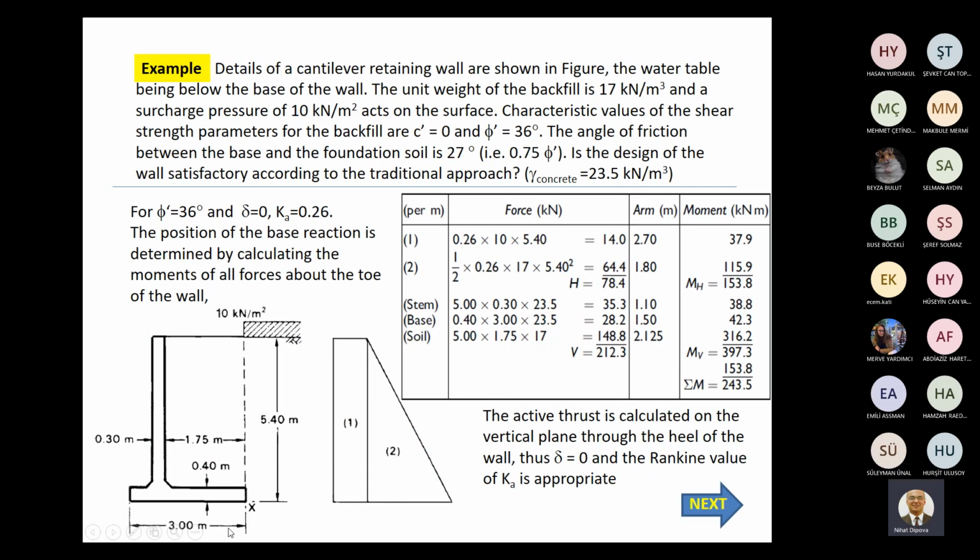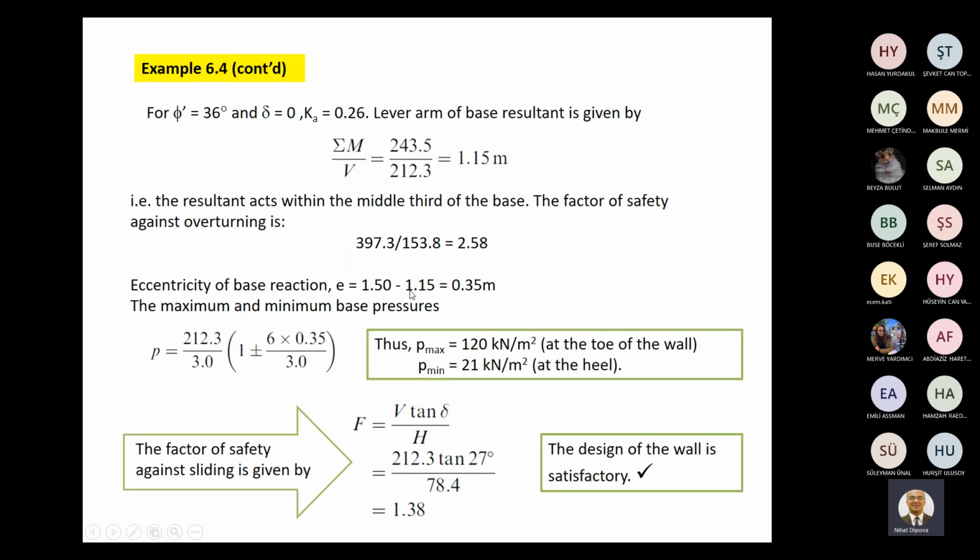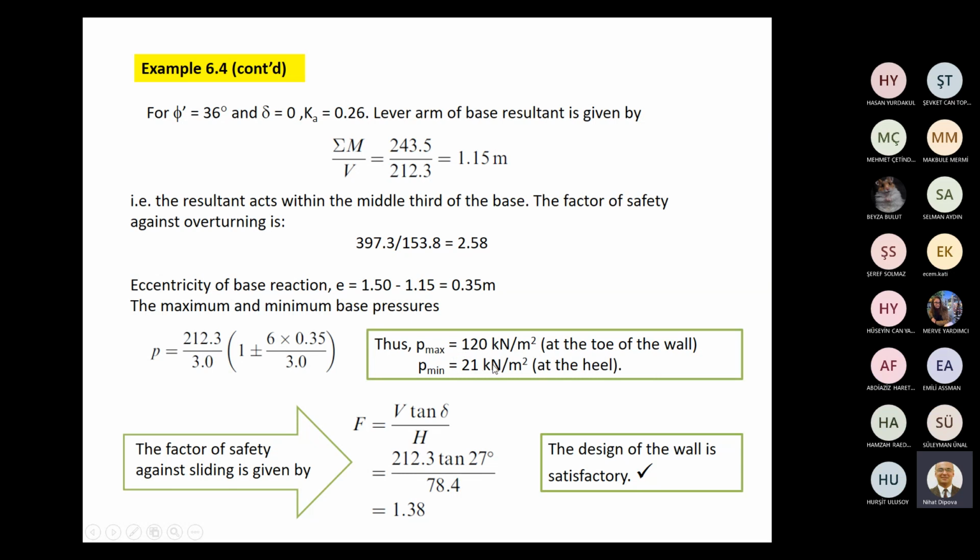From the midpoint of the base, the distance between the midpoint and the application of resultant, 1.5 minus 1.15. Eccentricity is 0.35. So maximum and minimum base pressures can be calculated as 120 and 21. We will use the maximum value for bearing capacity check.